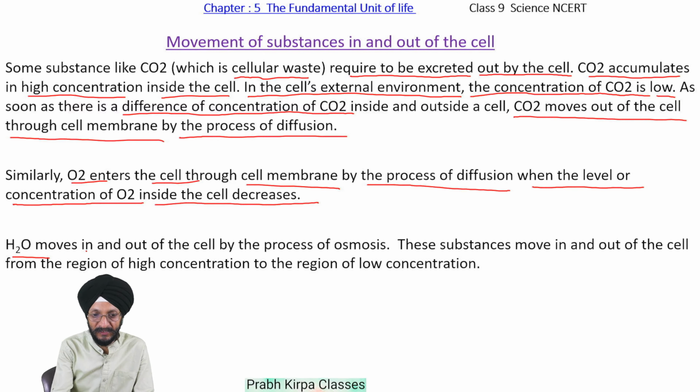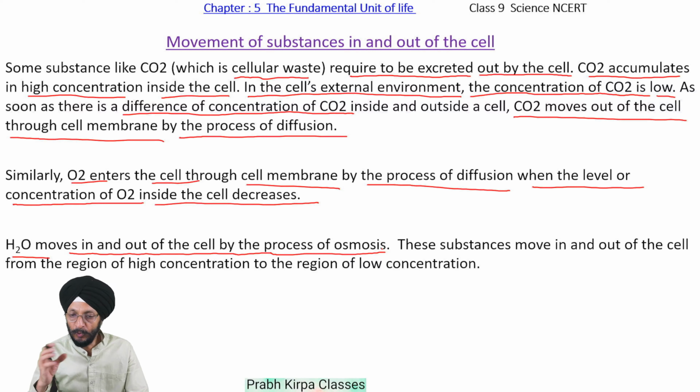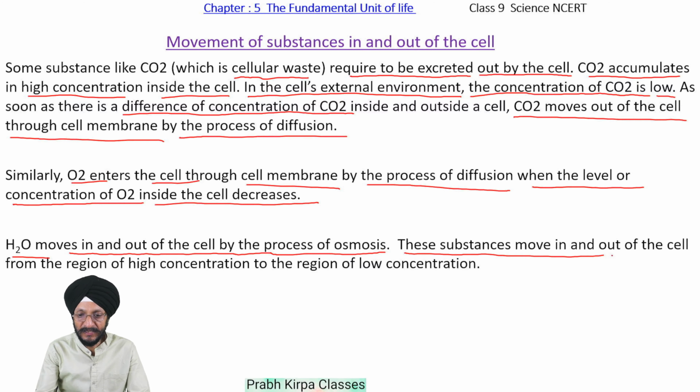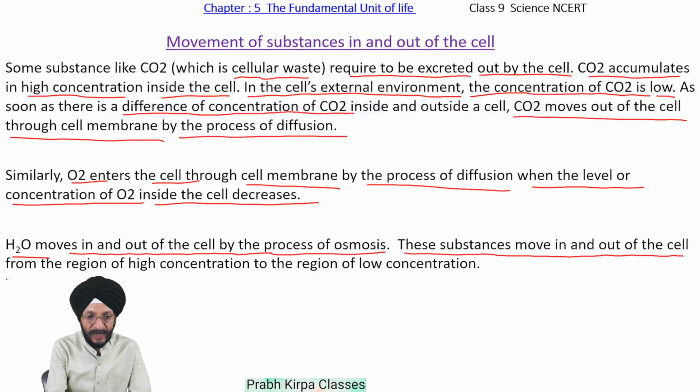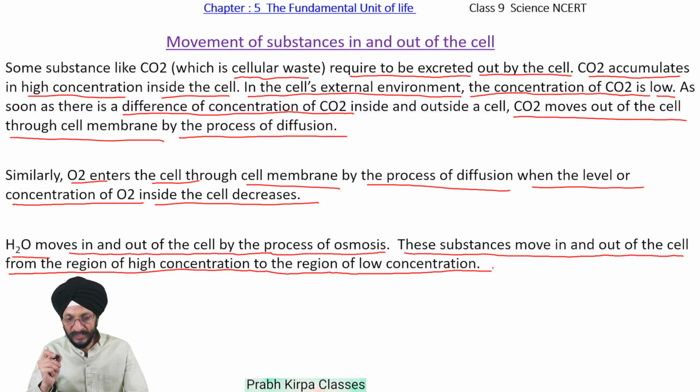H2O, that is water, moves in and out of the cell by the process of osmosis. Osmosis is also a type of diffusion. These substances, that is H2O, move in and out of the cell from the region of high concentration to the region of low concentration.